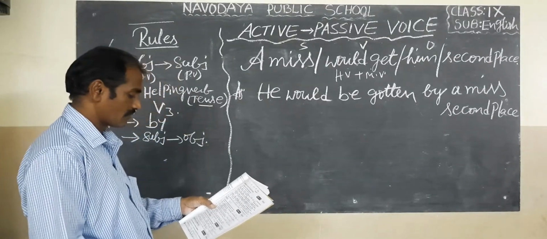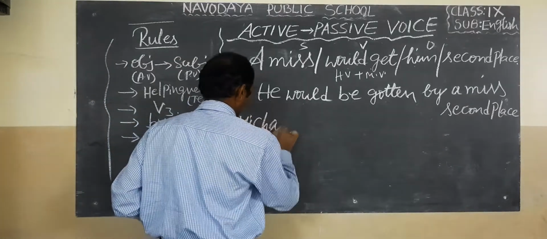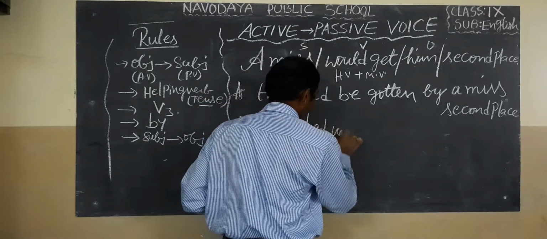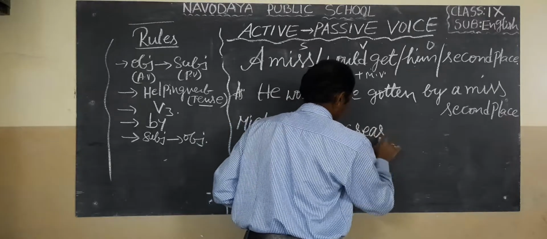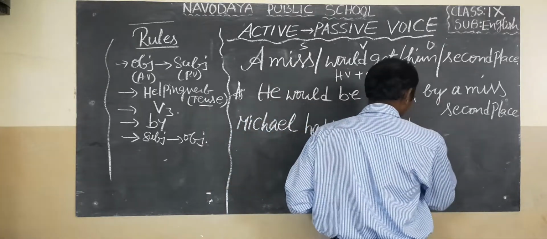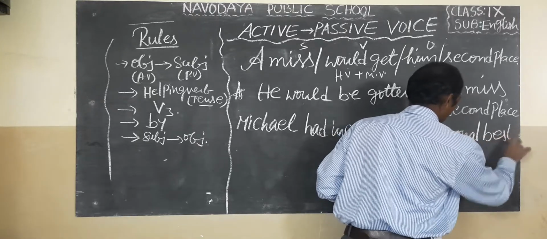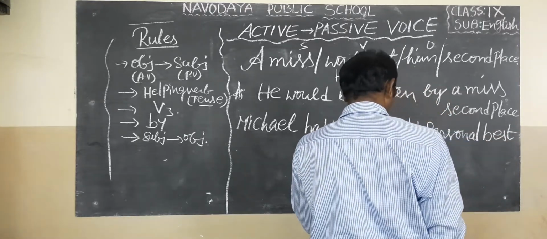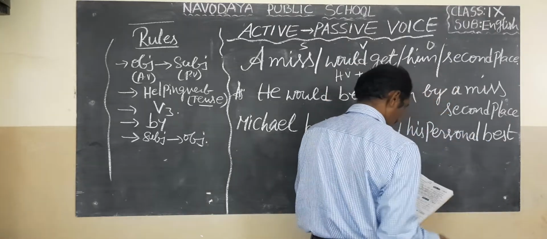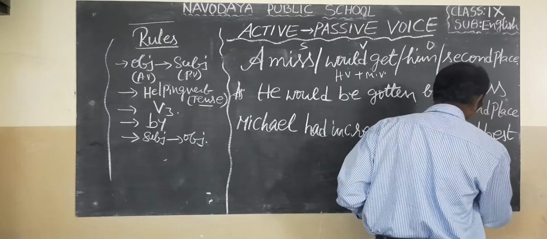Next example. Michael had increased his personal best by 9.5 inches.